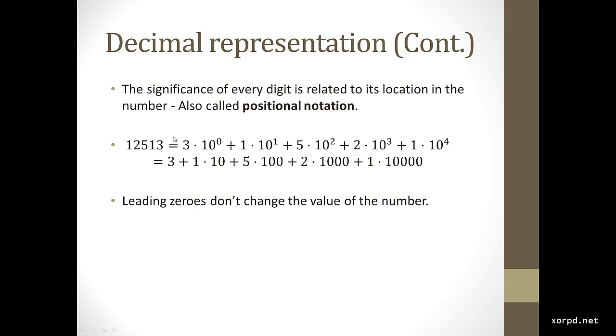As an example, if we have this number, 12,513, this number actually equals 3 times 10 to the power of 0 plus 1 times 10 to the power of 1 plus 5 times 10 to the power of 2 plus 2 times 10 to the power of 3 plus 1 times 10 to the power of 4. I want to emphasize that the coefficients that we have here, 3, 1, 5, 2, and 1, are just this number reversed.